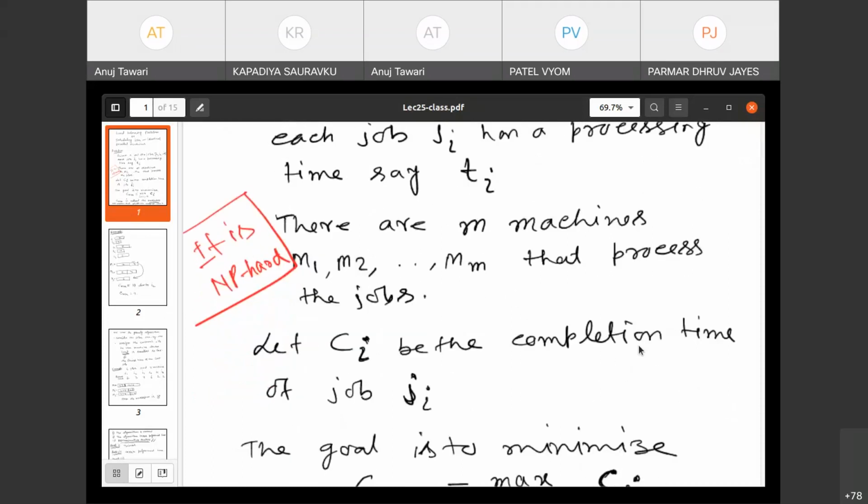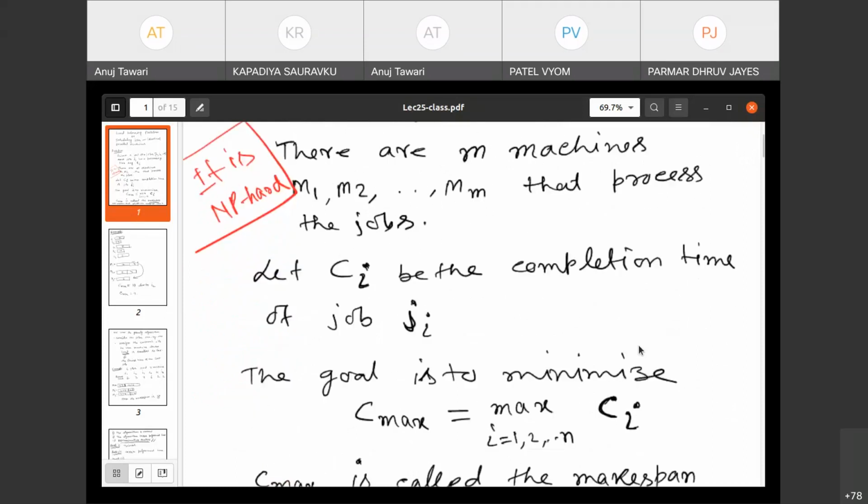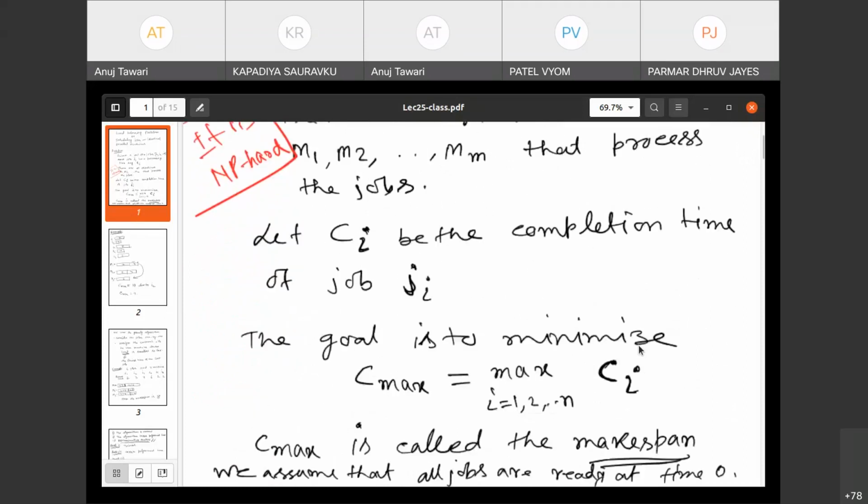And we say that Ci is the completion time of job Ji. C1 is the completion time of J1, C2 is the completion time of J2, and so on. Our goal is to minimize the maximum completion time of any job.